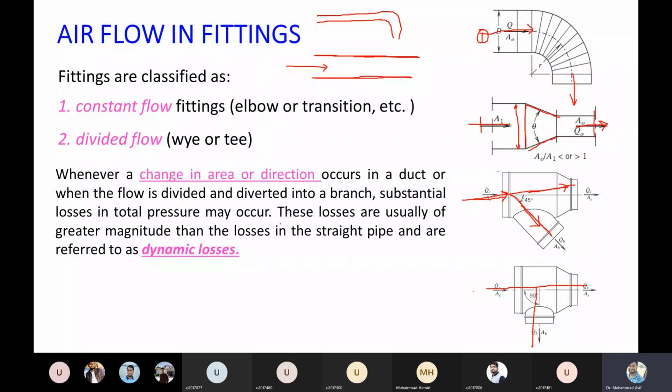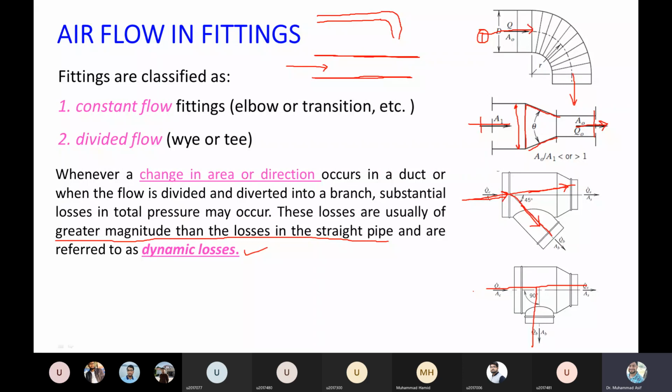Since the magnitude is much greater than the losses in the straight duct, these losses are called dynamic losses. So dynamic losses are the pressure losses that result from the fitting. These are very prominent losses that you cannot ignore.